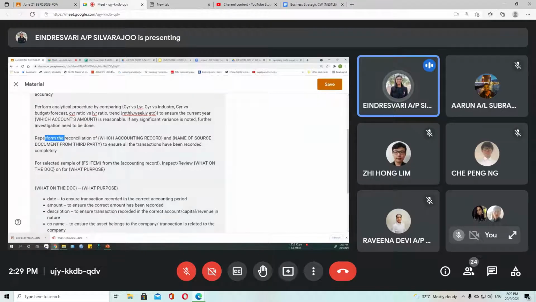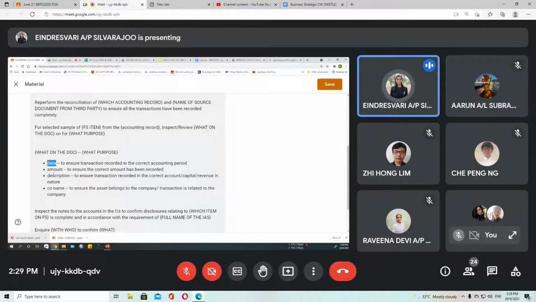And then in this case, this is for selected sample of sales from the sales ledger. Inspect what? On the document for what purpose. So you can inspect the date, you can inspect the amount, you can inspect the description to ensure it occurred.